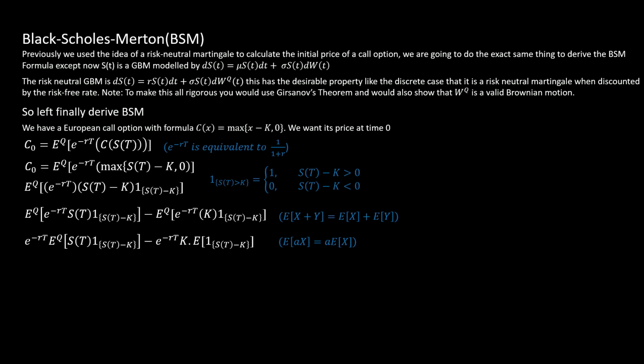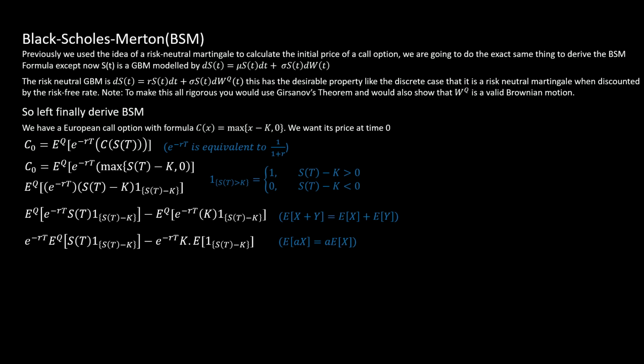Well, if we just rearrange our indicator function a bit, it says that if S(T) is greater than K, so if our stock price is greater than our strike price, then it will be 1, and if S(T) is less than K, it will be 0. So an expected value is just a probability times the value of the function.